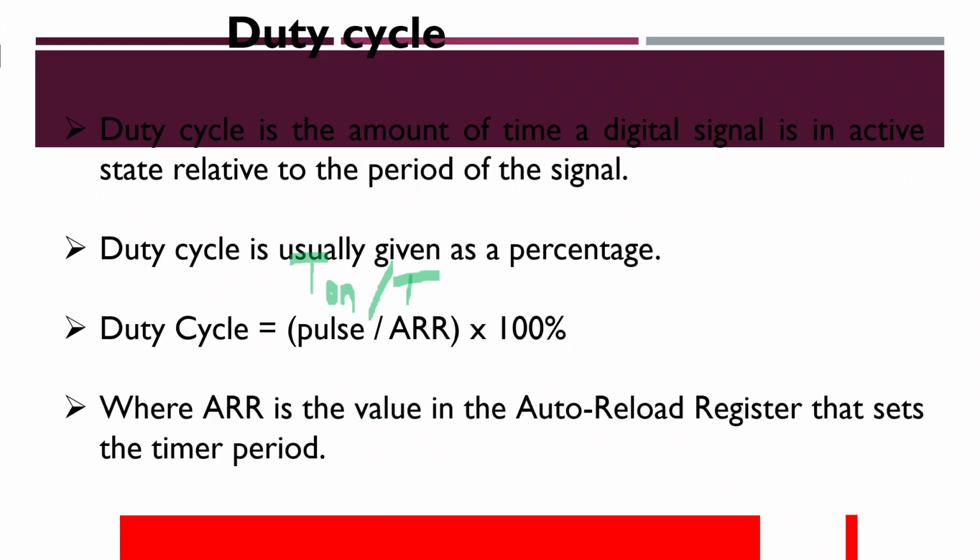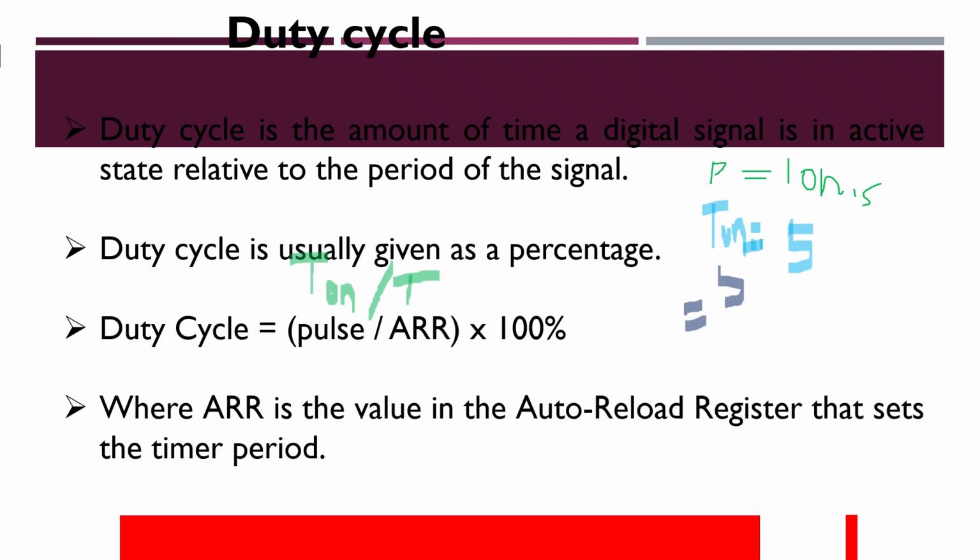For an example, let's see, if the period T is equal to 10 milliseconds, and the T on time is 5 milliseconds, what will the duty cycle become?